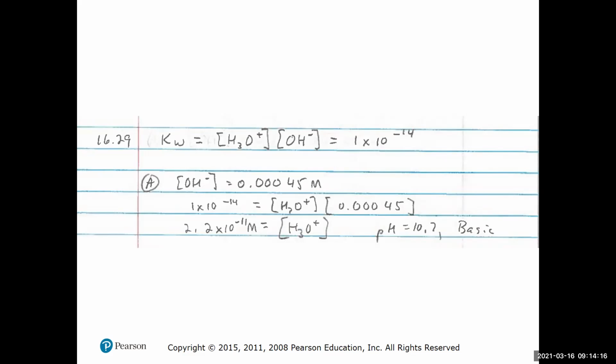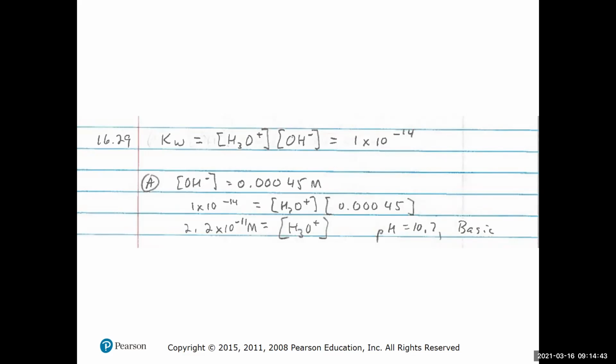And remember, the equilibrium constant for water is hydrogen ion concentration times hydroxide ion concentration equals 1 times 10 to the minus 14. So if we're given either the hydrogen ion or hydronium ion concentration, or we're given the hydroxide ion concentration, we can plug those into this relationship and then we can solve for whatever we're missing.